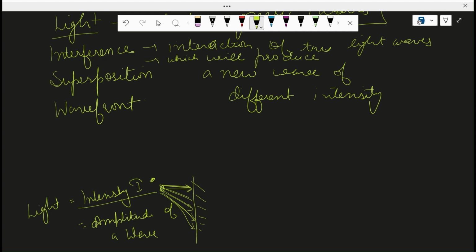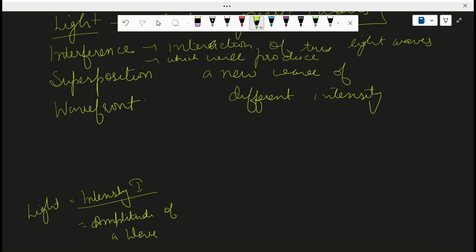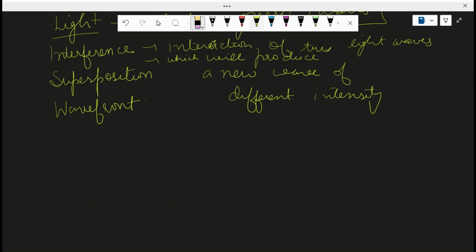So this is basically what is happening due to the amplitude, right? This is the interaction of light waves, which will produce a new wave of different intensity. So in case of waves, there are two different kinds of interference, that is constructive or destructive.